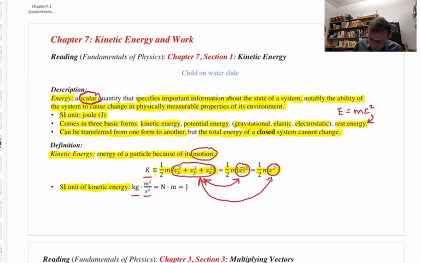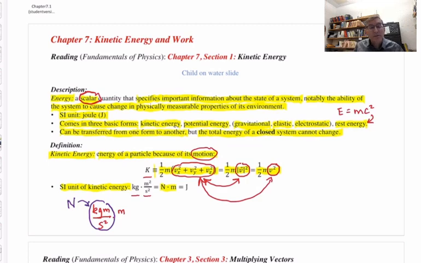Kilogram times meter over second squared times, and then I have one factor of meter left over. That's just the same thing. I write it that way because this combination, kilogram times meter over second squared, we learned in chapter 5, is called the unit Newton. So my point is that the unit of kinetic energy is equivalent to Newton times meter.